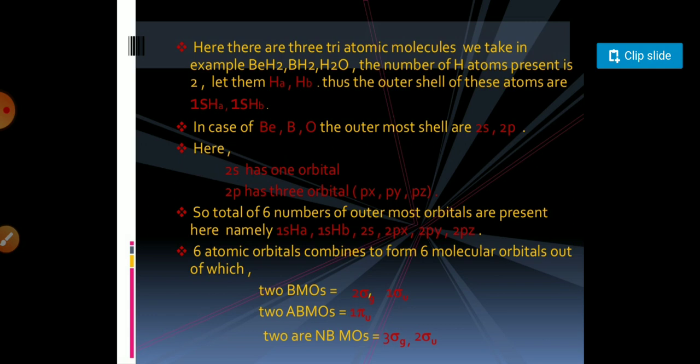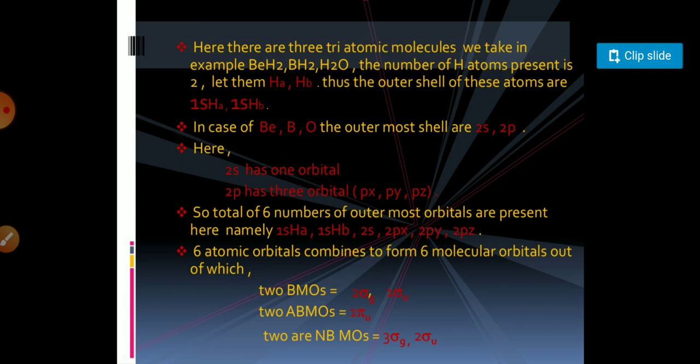In case of Be or O, the outermost shell is 2s, 2p. Here 2s has 1 orbital and 2p has 3 orbitals, Px, Py and Pz. So a total of 6 outermost orbitals are present here, namely 1s HA, 1s HB, 2s, 2Px, 2Py and 2Pz.